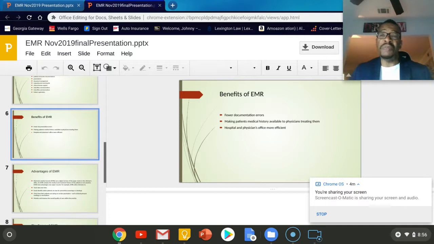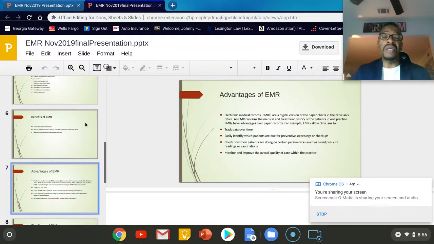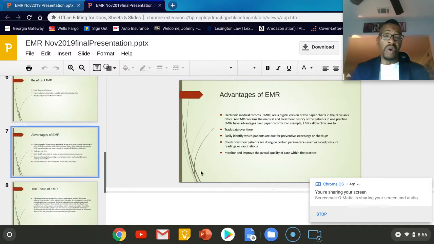If you're going to a specialist and you want your medical record from your primary care doctor, this system makes it easier to obtain that record. Hospital and physician offices are more efficient. There are so many benefits and advantages of the electronic medical record system, like I mentioned on slide 7 here.